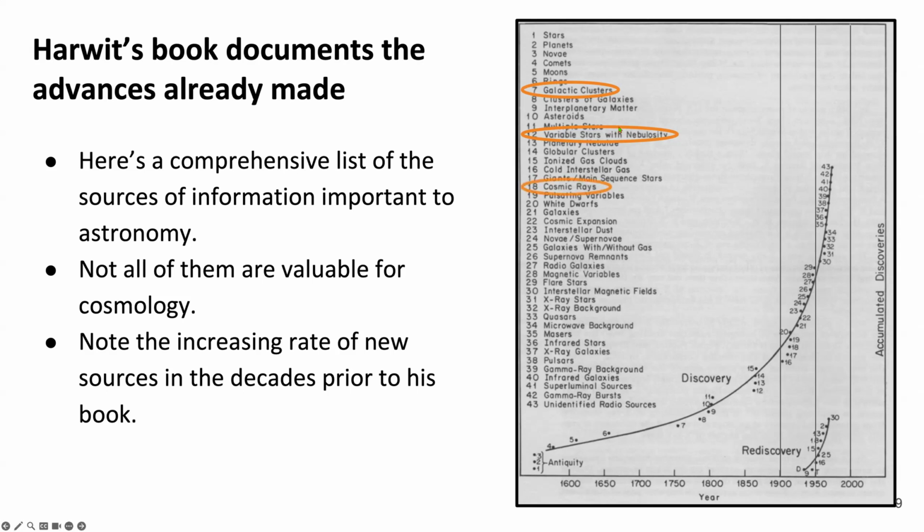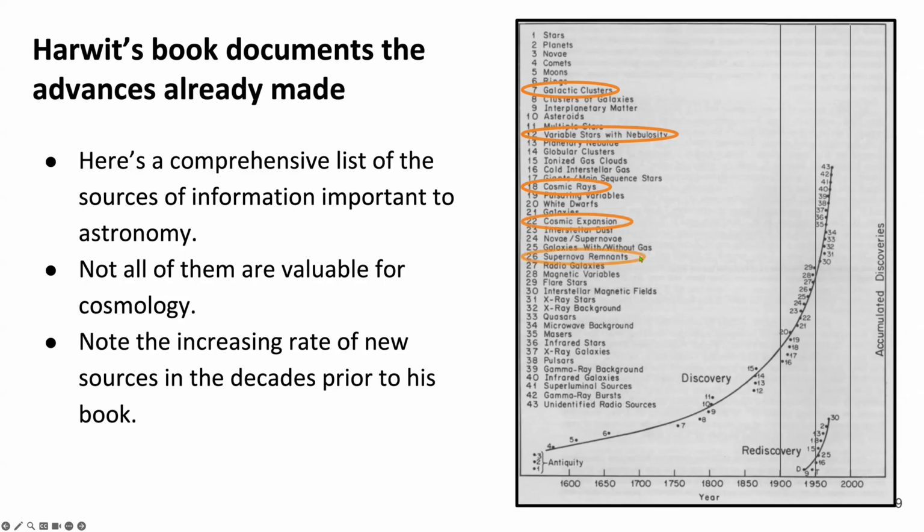Cosmic rays are part of that group of things, particles that come into our upper atmosphere and have been known about for roughly 100 years and continue to be a source of information about what the universe is doing, how these things are created, and so forth.